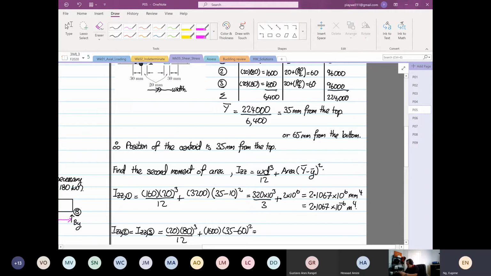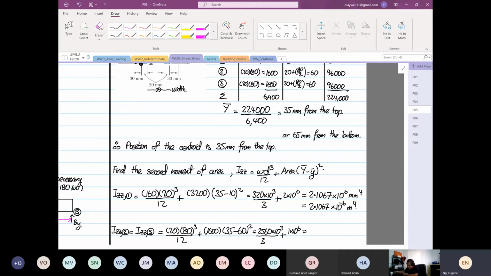So this will be equal to 80 to the power 3 times 20 divided by 12, which is 2560 times 10 to the power 3 over 3, plus 35 minus 60 squared times 1600, which is equal to 1 times 10 to the power 6.